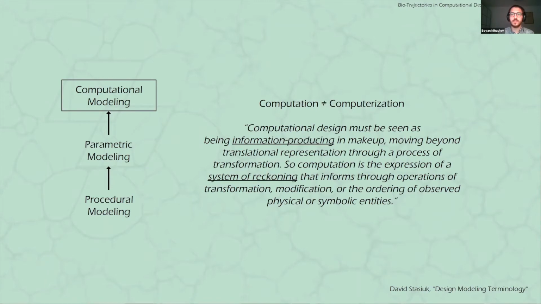Or in other words, computational design must be seen as being information producing in makeup, moving beyond translational representation through a process of transformation. So computation is the expression of a system of reckoning that informs through operations of transformation, modification, or the ordering of observed physical or symbolic entities.